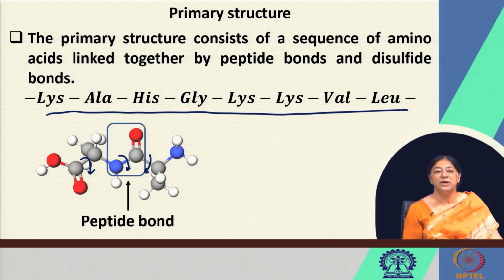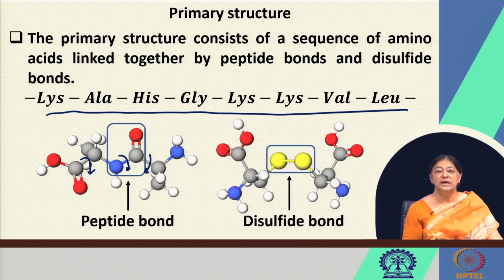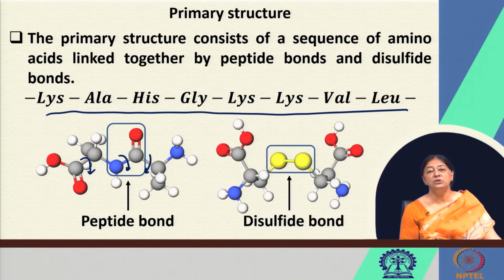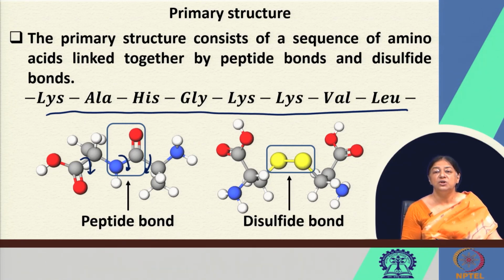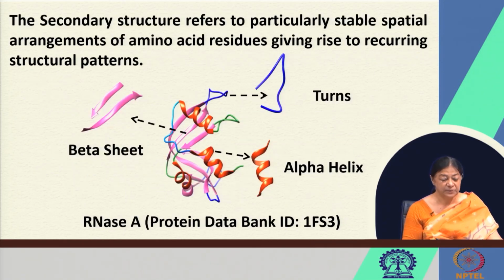We also found out that the disulfide bond gives us a covalent linkage between 2 cysteine residues, forming a cysteine disulfide bond.